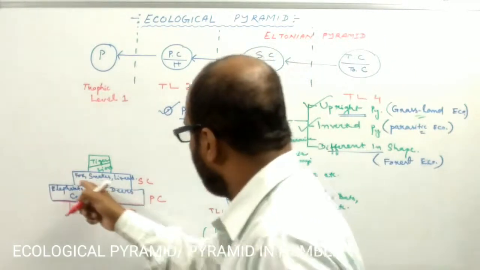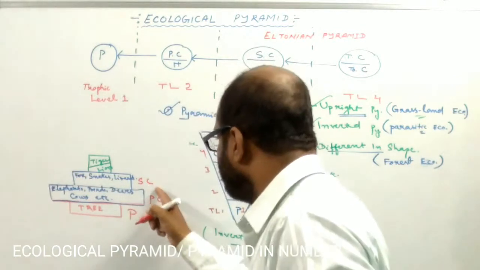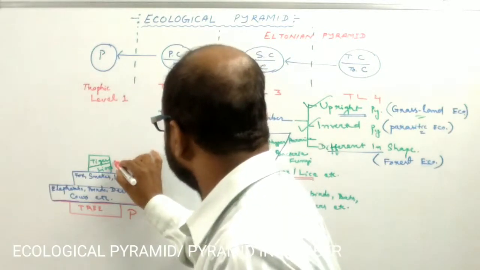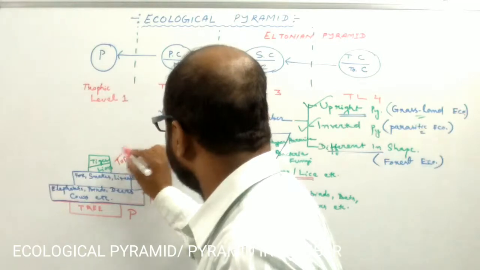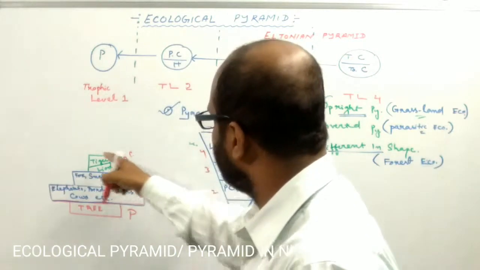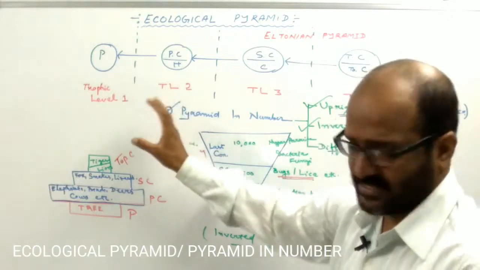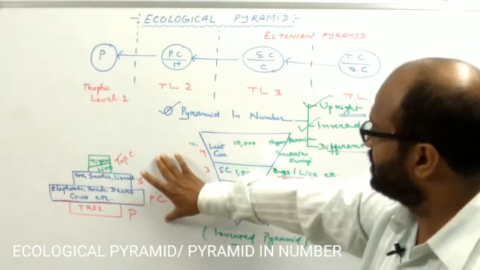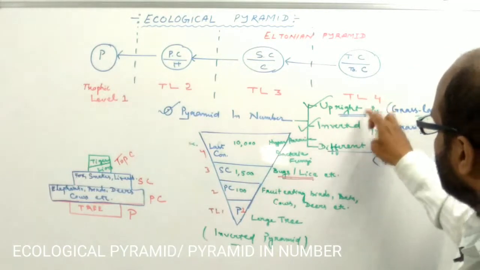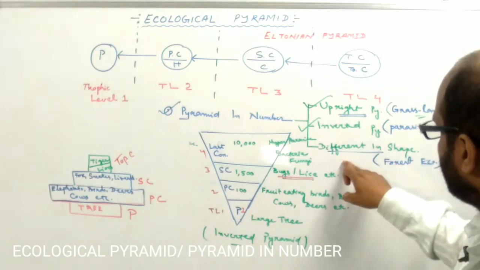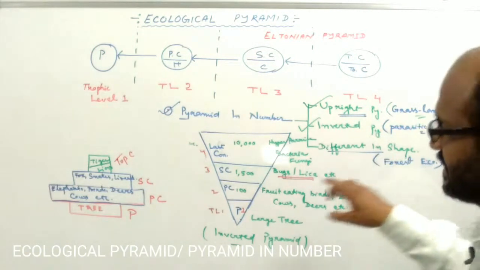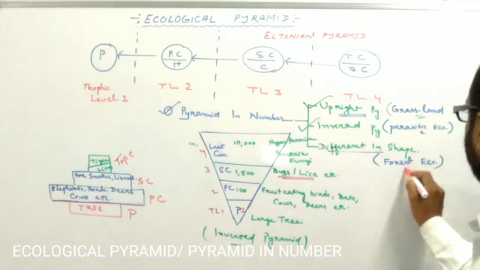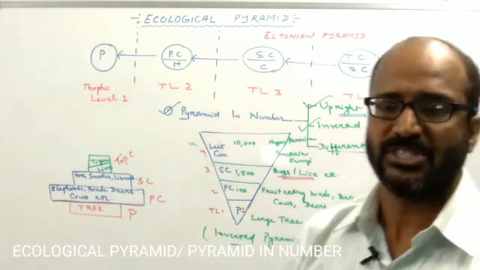These frogs, snakes, lizards form the secondary consumers, and they support the last consumer or the tertiary consumer or the top consumer, and the top consumer number is very less than the frogs, snakes, and lizards. So this pyramid, which differs from the upright one and the inverted one, we name the different in shape pyramid.